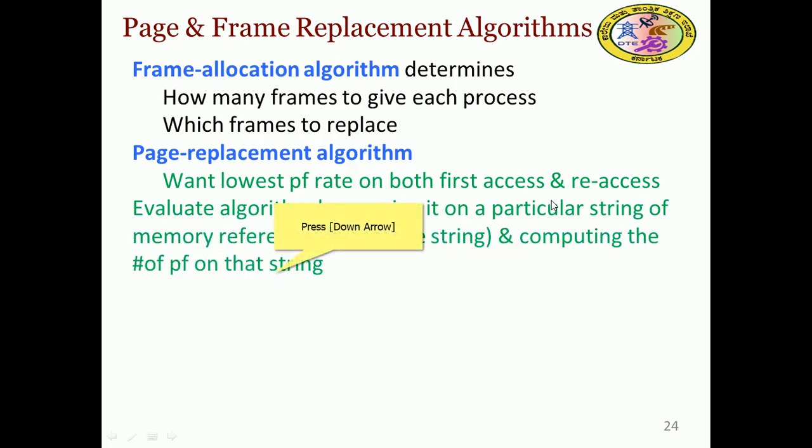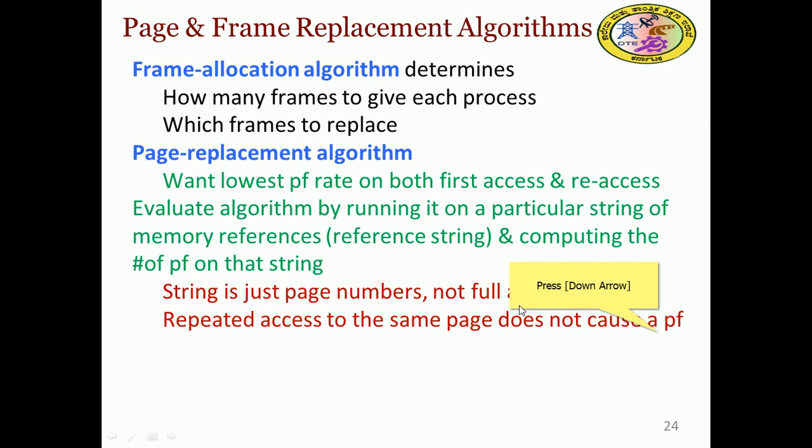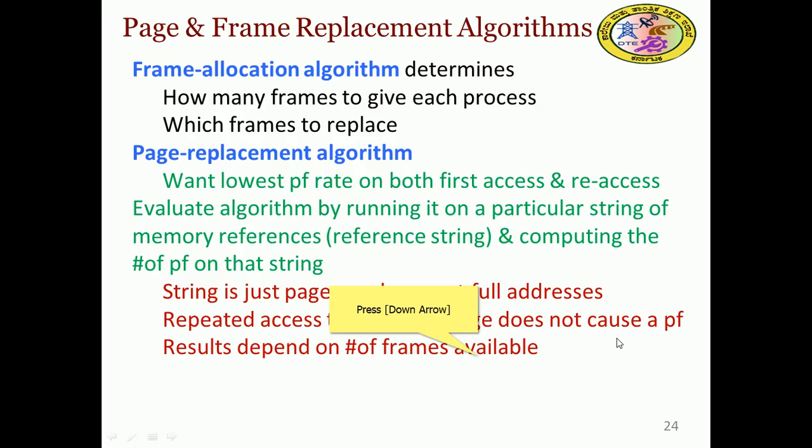So evaluate an algorithm by running it on a particular string of memory references, that is the reference string, and computing the number of page faults on that string. The string is just page numbers, not full addresses. Repeated access to the same page does not cause a page fault. Results depend upon the number of frames available.